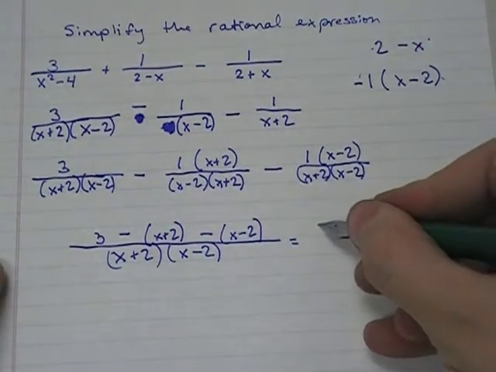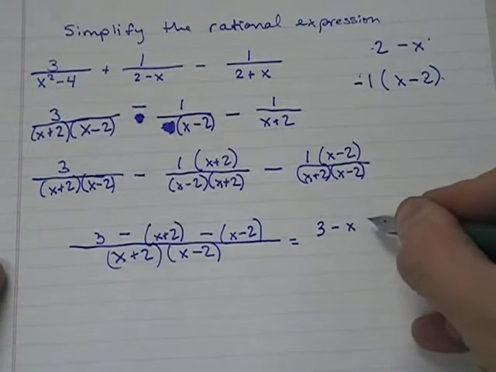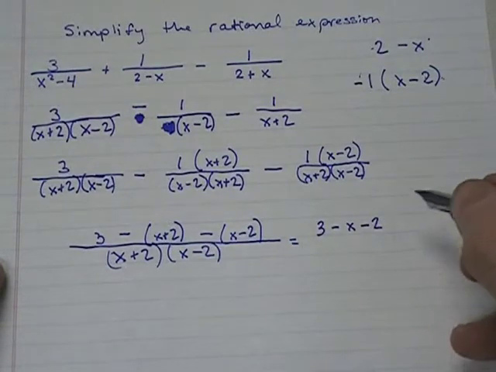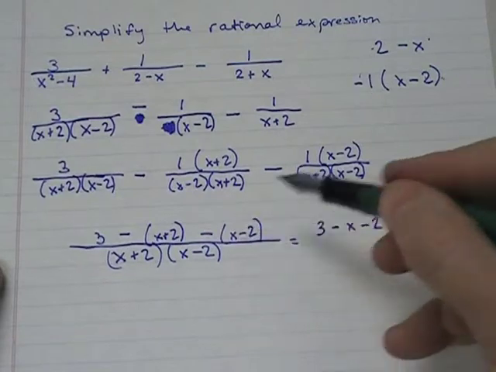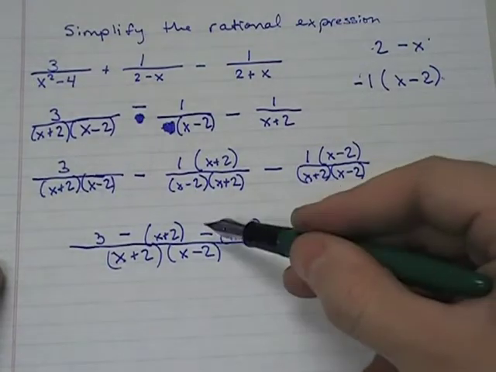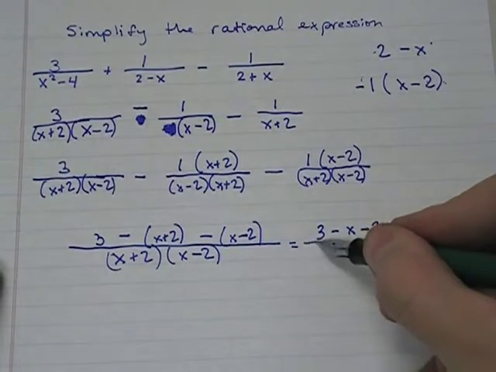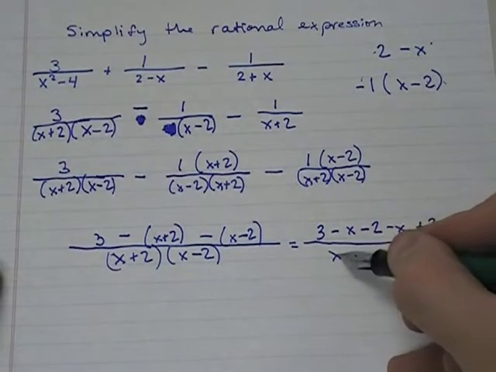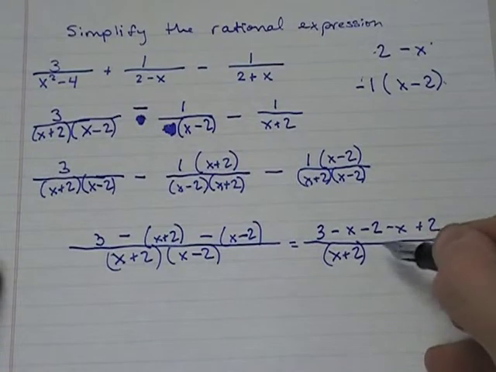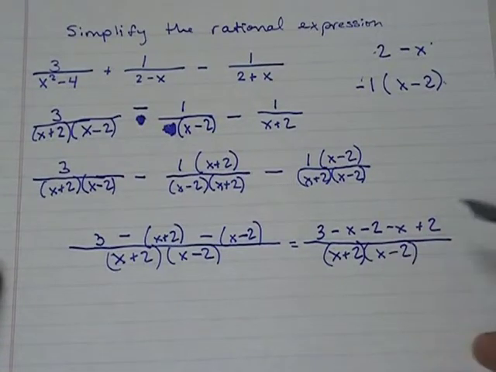So this is equal to 3 minus x minus 2 minus x, and the negative and negative make a positive, so plus 2, over x plus 2 times x minus 2.